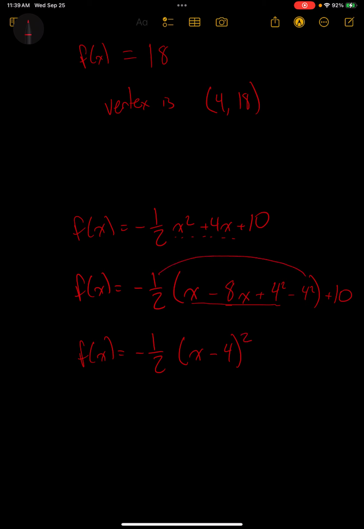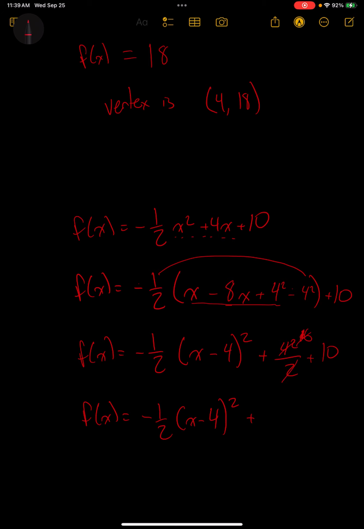I multiply this half by 4 squared, plus 4 squared over 2, this minus multiplies by that minus, plus 10. And what do I end up getting? I end up getting f at x equals minus half x minus 4 squared plus, what's 4 squared? 16, right?